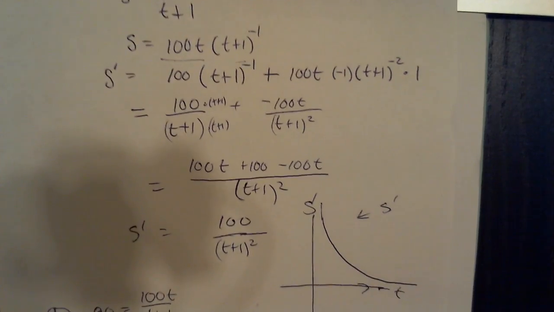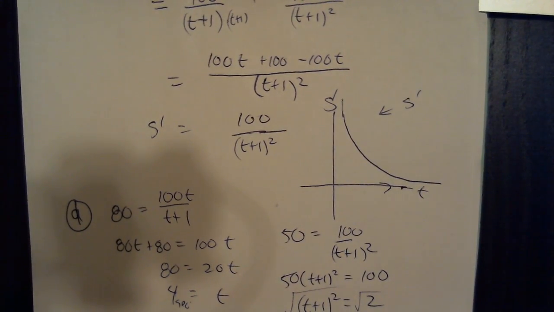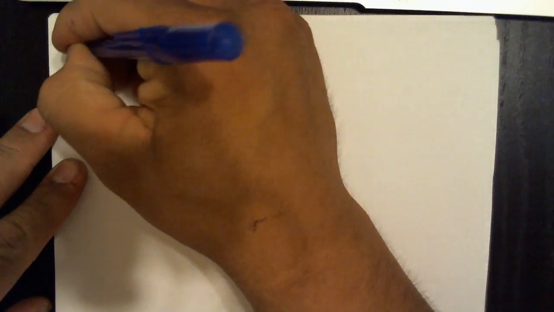Okay, so now the next one here, Ismael asked 3.7, number 13. All right. Okay, so here we go.